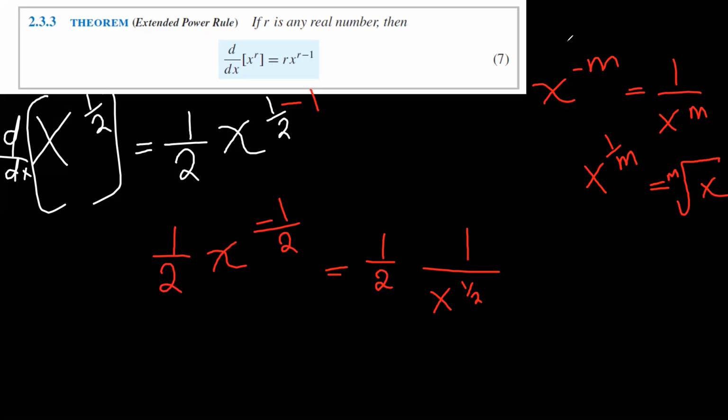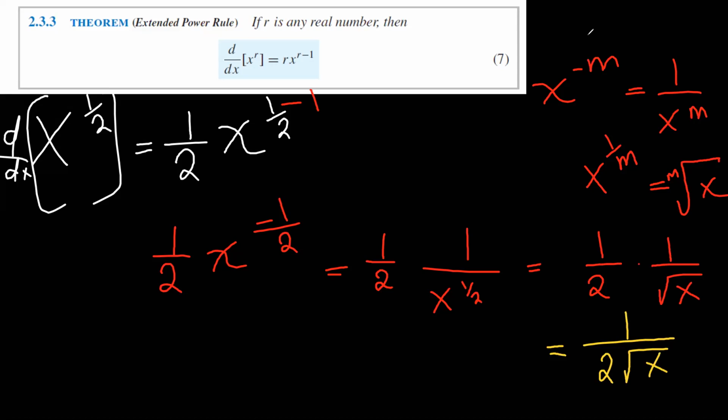So here I will have 1 over 2 times 1 over square root of x. Then it will be 1 over 2 square root of x. Is it clear?